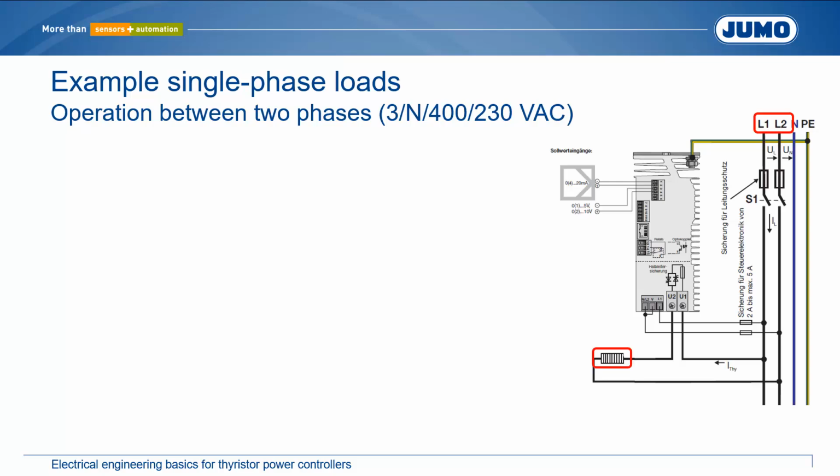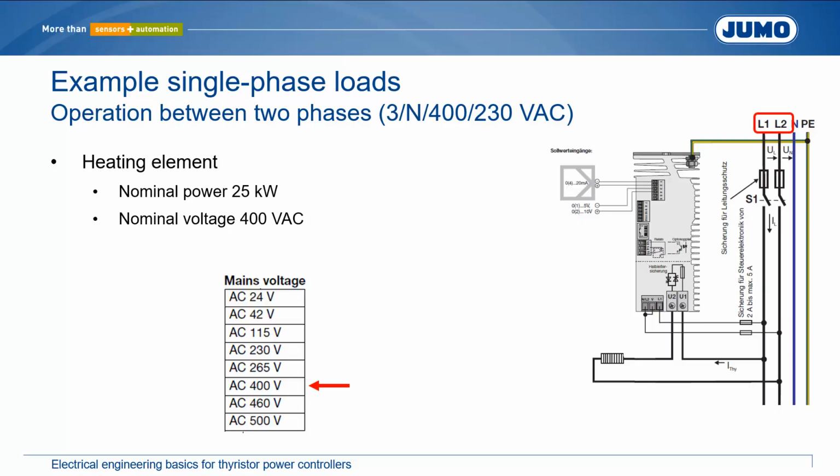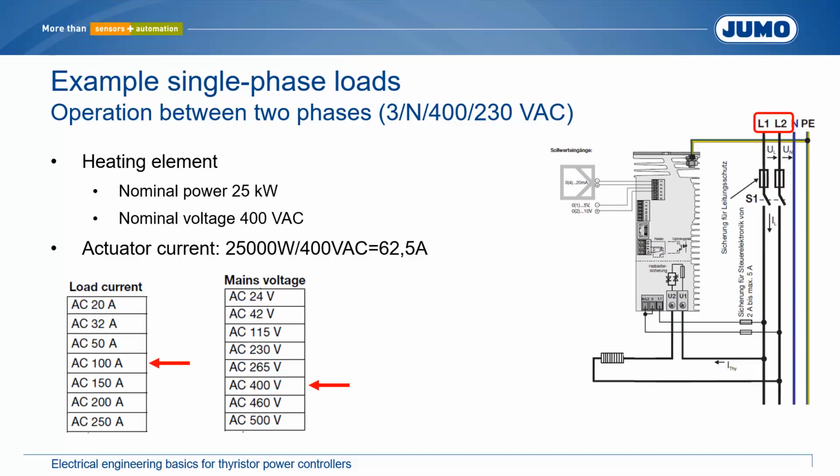The heating element must be designed for the phase-to-phase voltage of 400 volt AC. The same applies to the TYA201 thyristor power controller. To determine the controller current, the rated power is divided by the rated voltage. In this case, it is the phase-to-phase voltage. A controller for a permissible current of 100 amps must be selected.